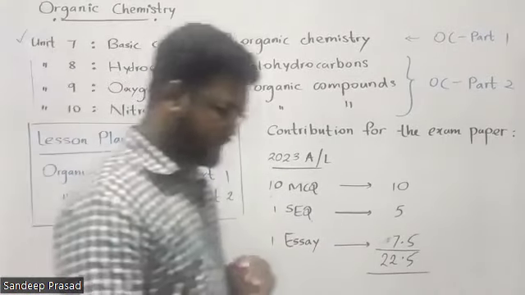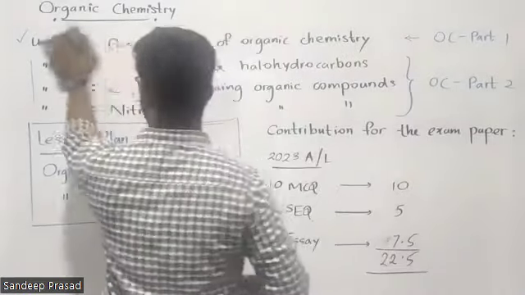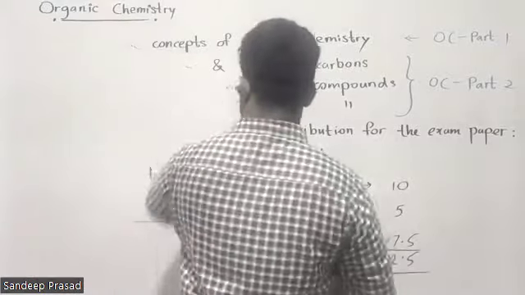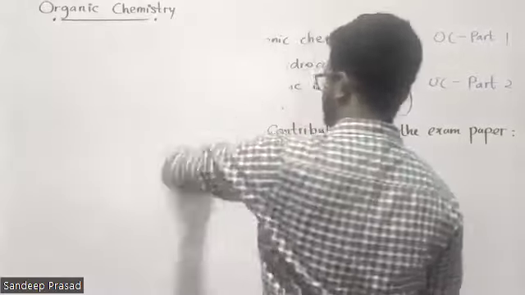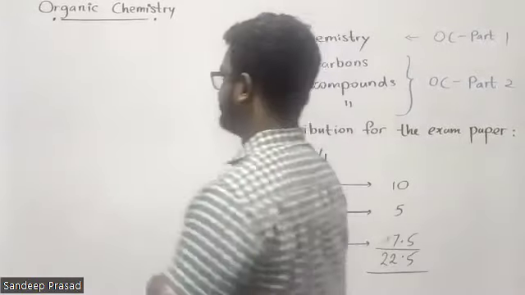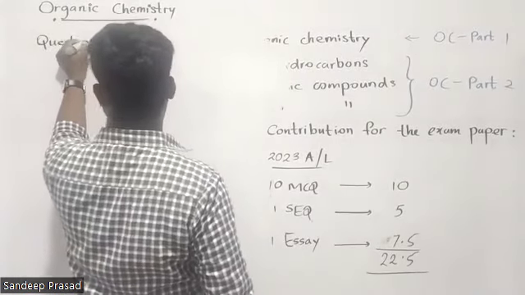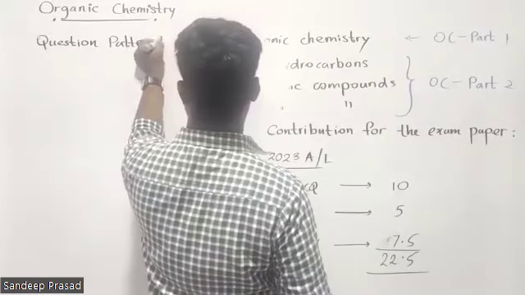And the next thing is, students, let me tell you how the organic chemistry questions come to our examination paper. Question patterns, you have to know that too. What are the question patterns from organic chemistry?